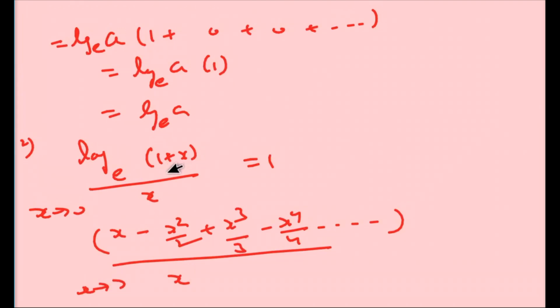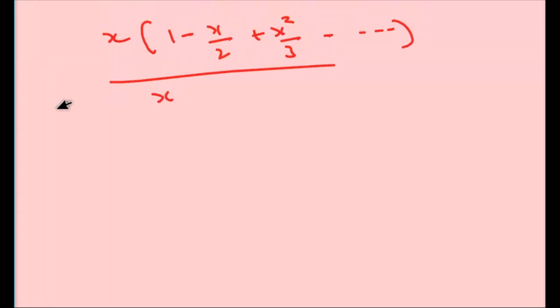Now taking x common and dividing by this x, what we get here is 1 minus x upon 2 plus x squared upon 3 minus and so on, as x tends towards 0, this x cancels out.